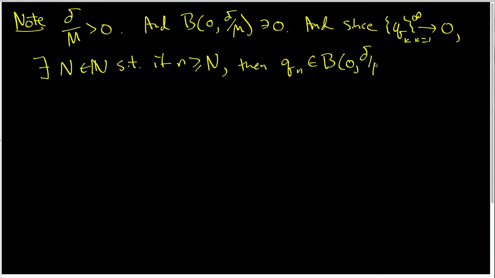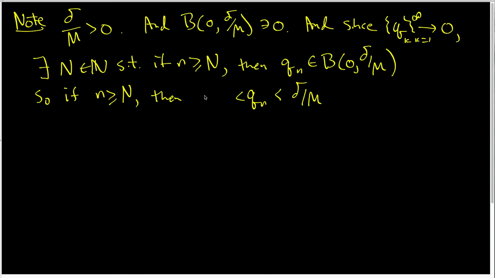This delta ball has radius delta divided by M. So what does this tell me? This tells me that if little n is bigger than or equal to capital N, then Qn is between delta divided by M on the top side and minus delta divided by M on the bottom side. In other words, the absolute value of Qn is going to be less than delta divided by capital M.